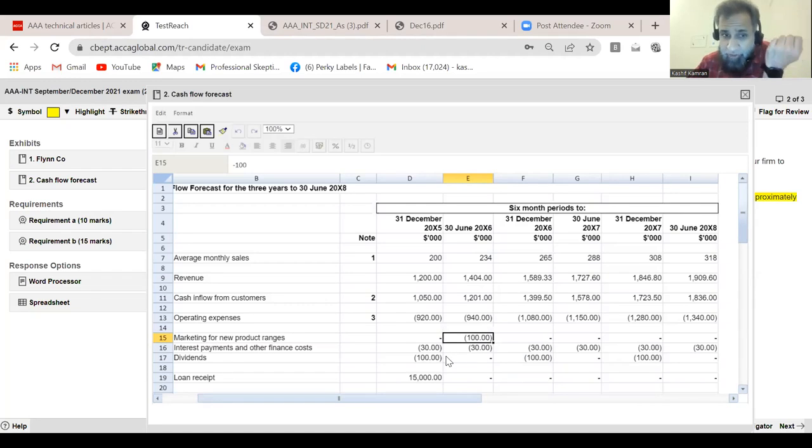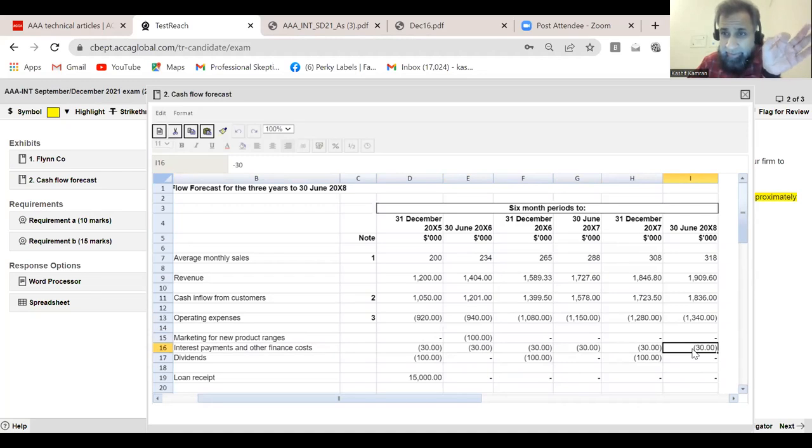And another interesting phenomenon, look at the interest payments and the finance cost. 30, 30, 30, 30, 30, 30. You are taking a new loan of $15 million. You might already have an old loan in your balance sheet. And the interest payment and the finance cost is static.